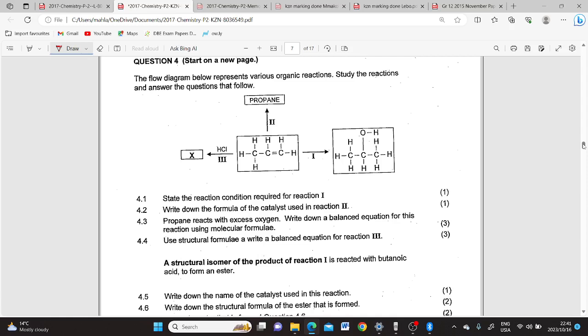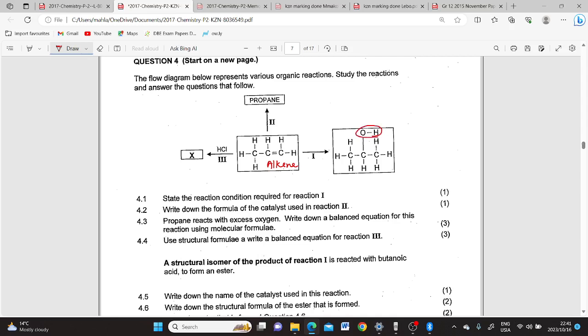On reaction 1, if you look at that, we have an alkene, and from this alkene we are having an alcohol produced.